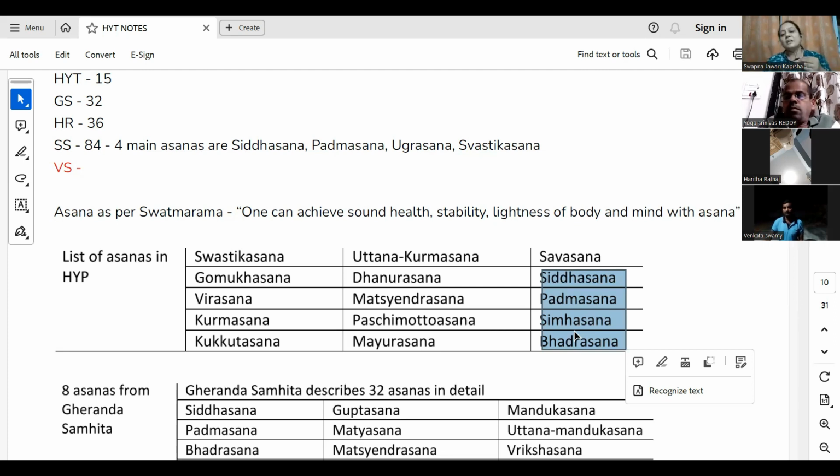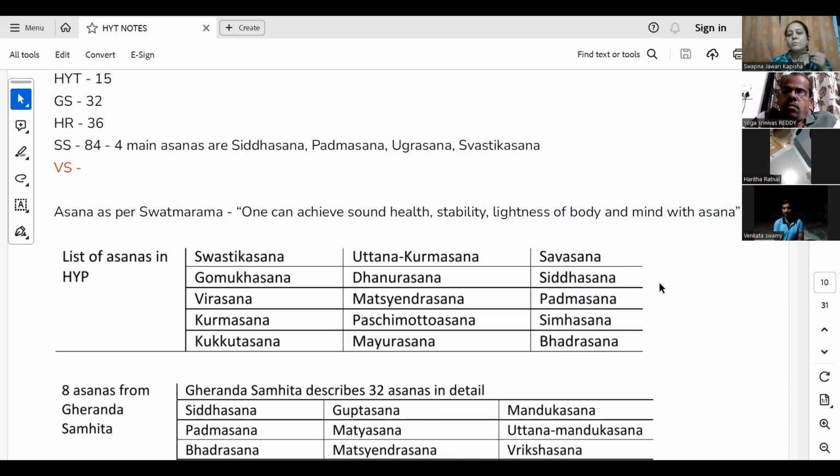Only in Siddhasana and Padmasana, we will go and think of Samadhi. You are just in your Samadhi state. So that's why out of these 15 asanas, these 4 are very important, and in these 4, Siddhasana is most important. You have to remember these 4 names.